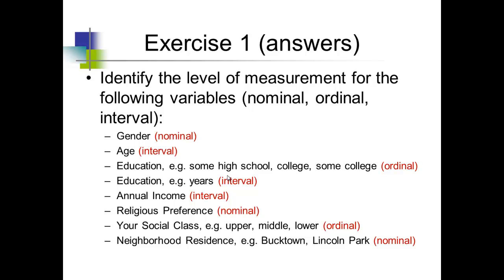Any variable that has a sort of measurement component, as in number of years of age, number of years of education, annual income, those are going to be interval level variables. And then if it's a categorization where there is some order to it, as in some high school, some college degree, etc., or social class, as in upper, middle, or lower, you're looking at an ordinal level variable.